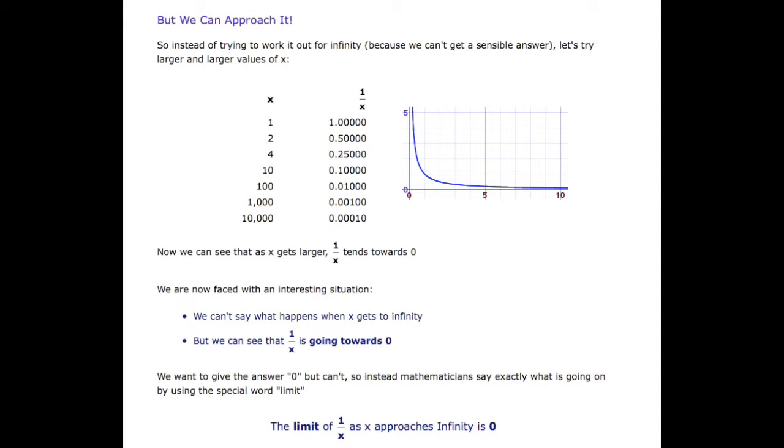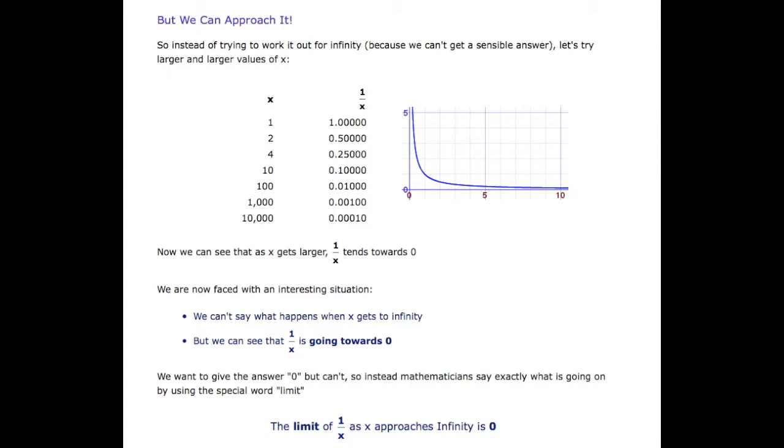So instead of trying to work it out for infinity, because we can't get a sensible answer, let's try larger and larger values of x. So we will start at 1. We have an input of 1 and we will have an output of 1.00000.